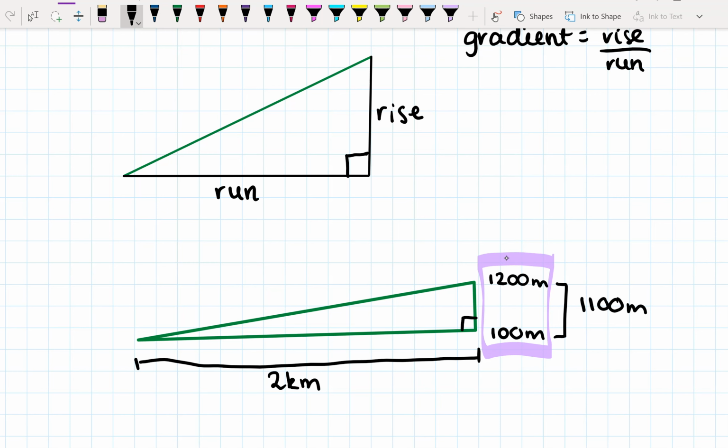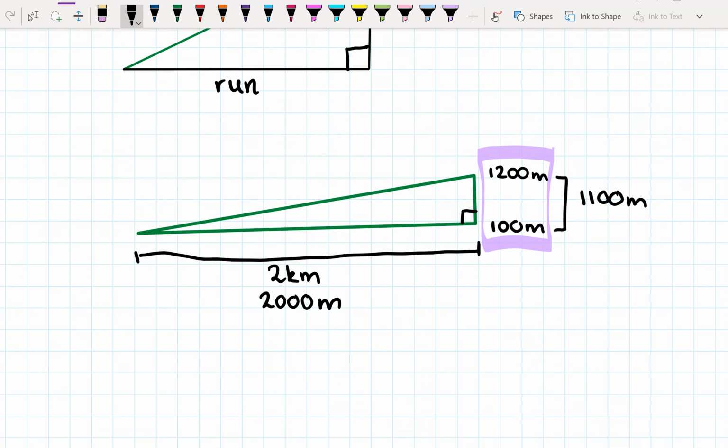Now the horizontal distance is 2 kilometers. We shouldn't be mixing units, so instead of 2 kilometers, we're going to write this as 2000 meters. It would also have been fine to write 1.1 kilometers and keep it in kilometers, but I prefer to go with meters here.